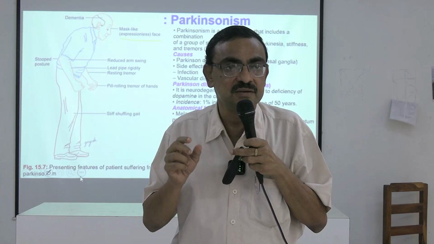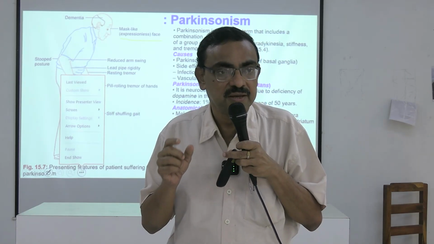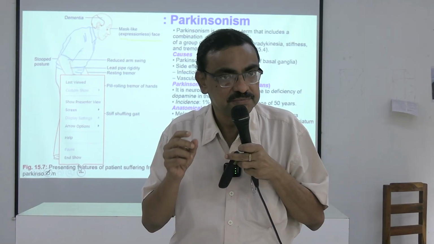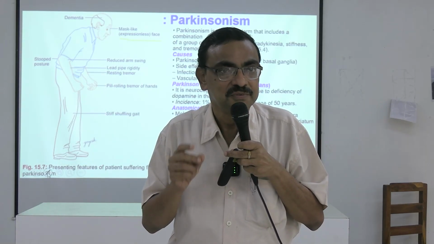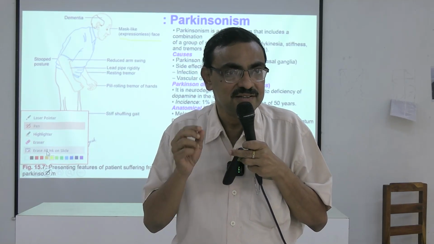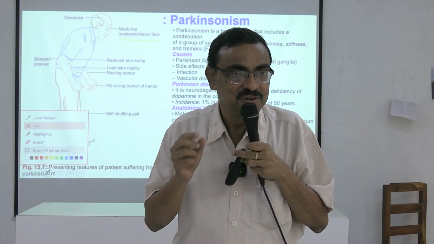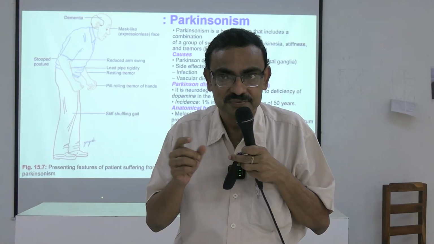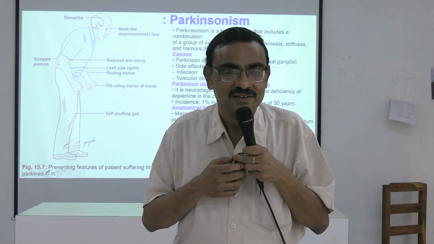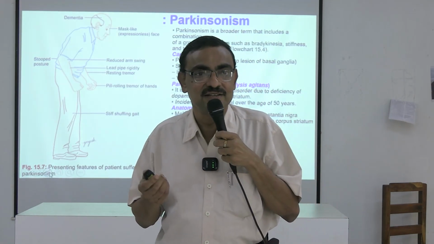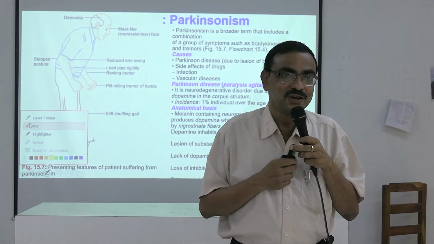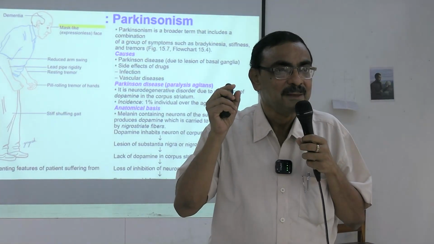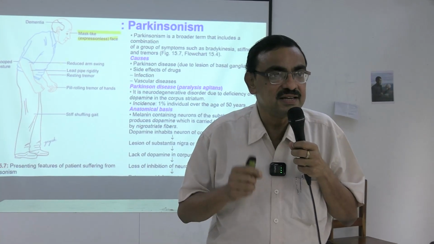All throughout the rest, you will get movement of the head, nodding of the head, nodding of the fingers like this. You might have detected this type of features in some person. Continuous movement. Okay, so this is the resting tremor.